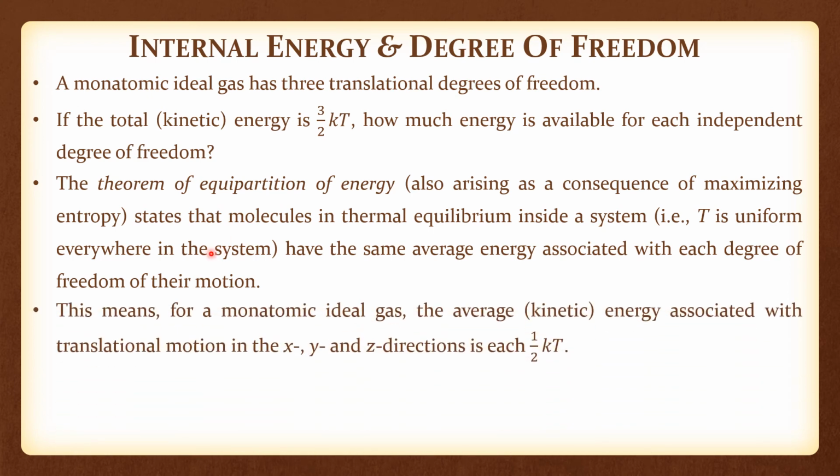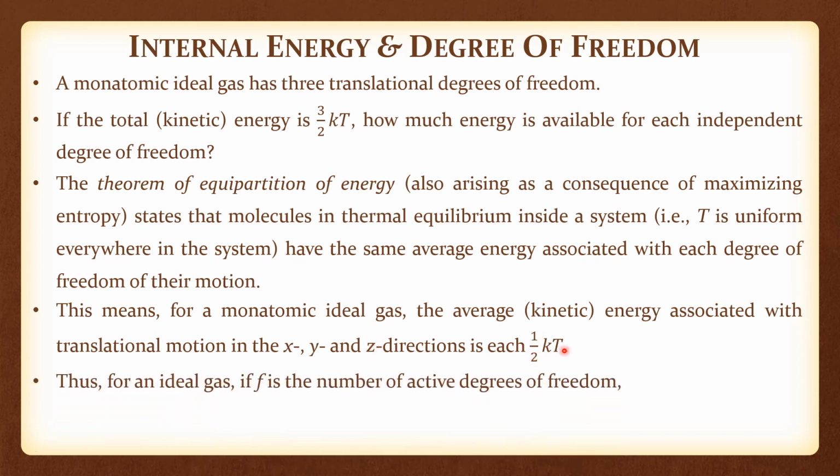And therefore, that means that for a monatomic ideal gas, the average kinetic energy associated with the translational motion in either the x or the y or the z direction is each half kT. So if for an ideal gas there is an arbitrary number f of active degrees of freedom, then the internal energy should simply be f by 2 NkT or f by 2 nRT.